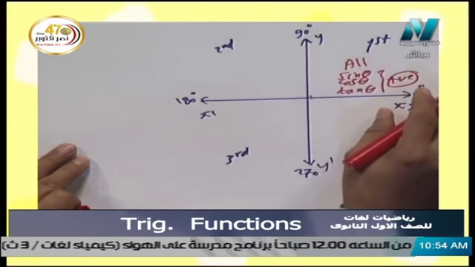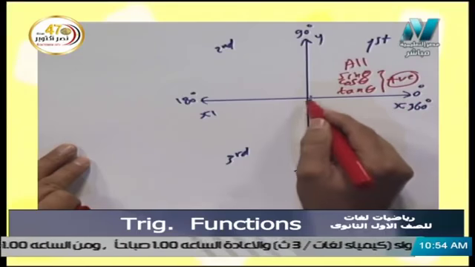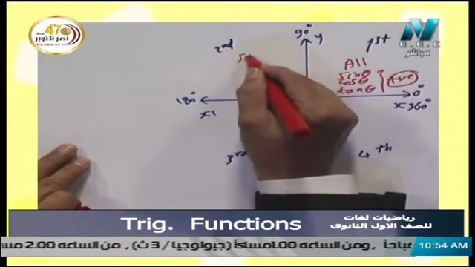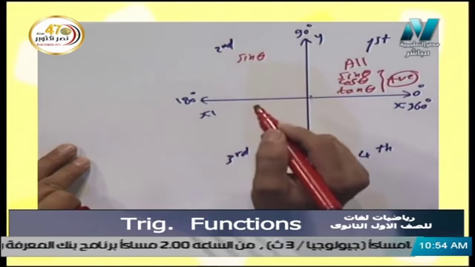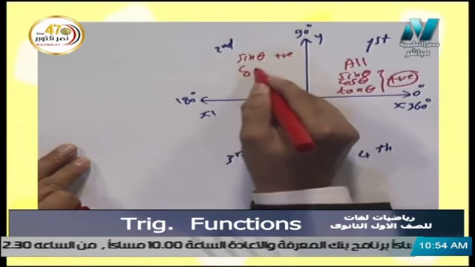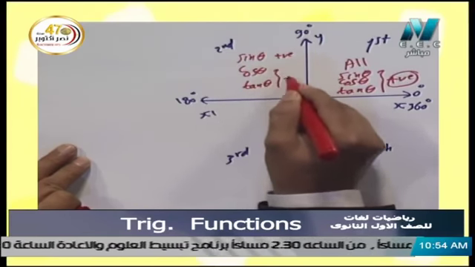So we know that x is cosine here and y is sine. So here sine and its reciprocal is positive, cosine and tan will be negative.